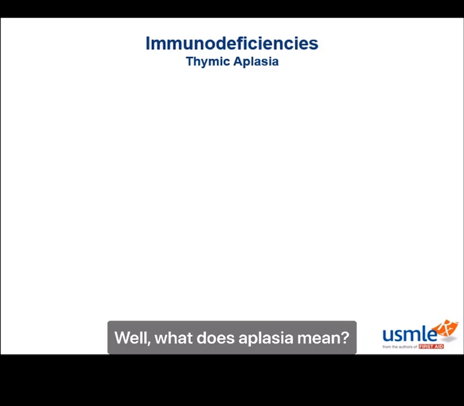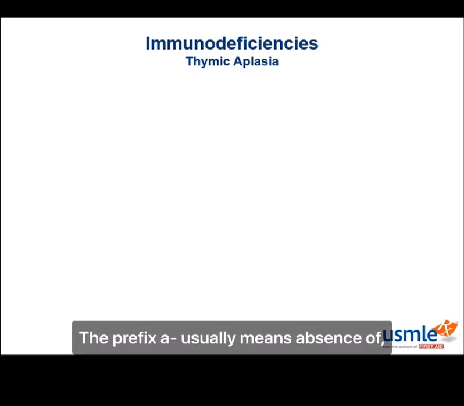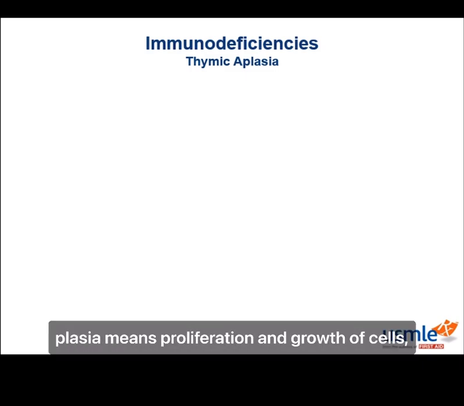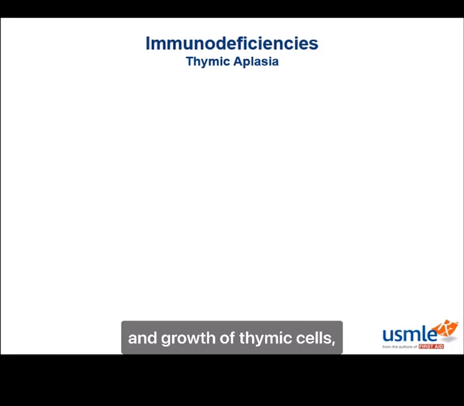Well, what does aplasia mean? I'm sure you know hyperplasia, metaplasia, and dysplasia, but what is aplasia? The prefix a usually means absence of, and in all those examples, plasia means proliferation and growth of cells. But in this case, we don't have the proliferation and growth of thymic cells, so we don't have a thymus.